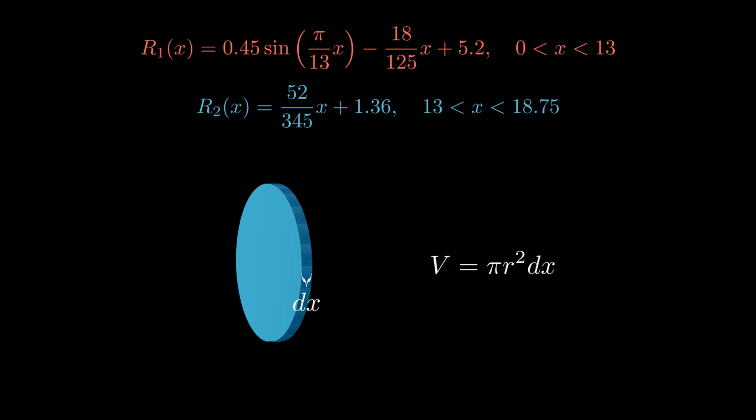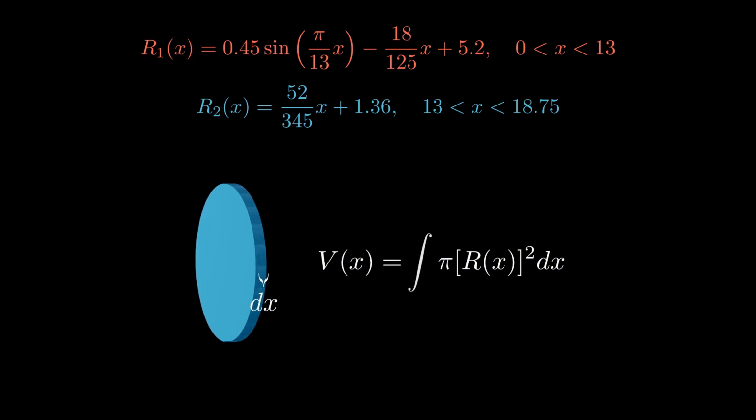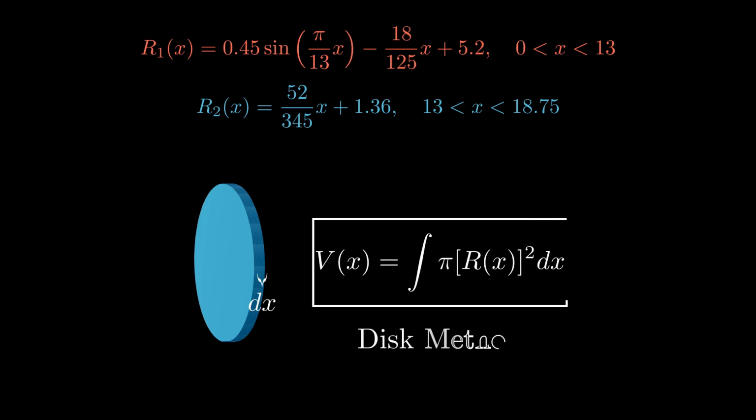Since each disk has radius given by our function, we get pi times r of x squared dx for each slice's volume. Then, by integrating, or taking that infinite summation of disks, we get the total volume. The integral of pi times r of x squared dx. And just like that, we've discovered the disk method.